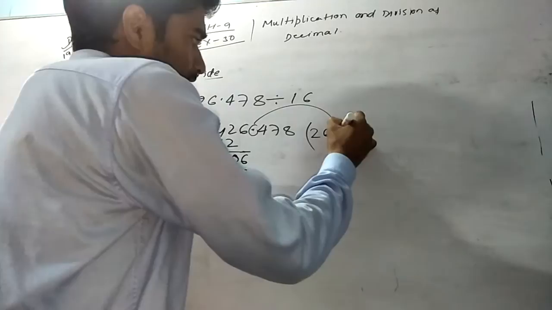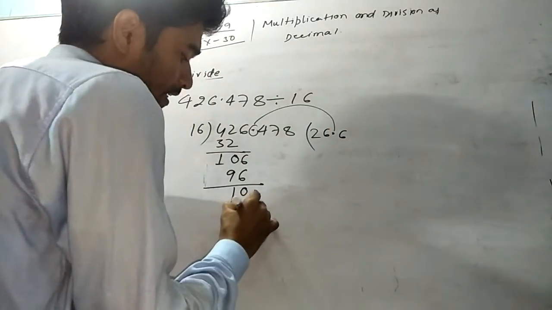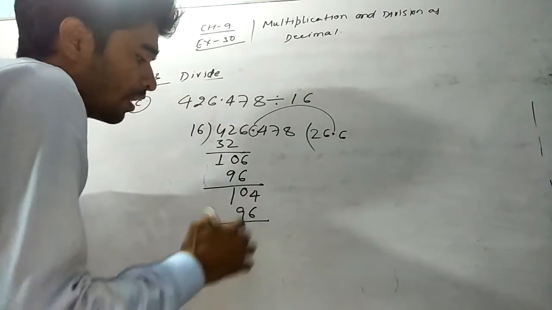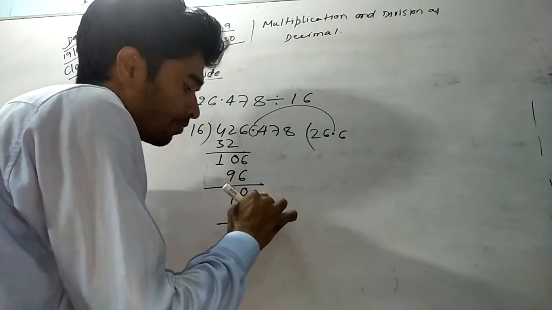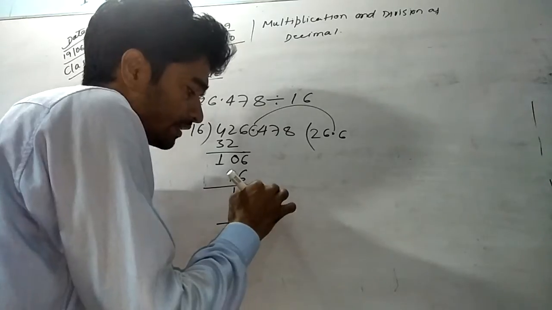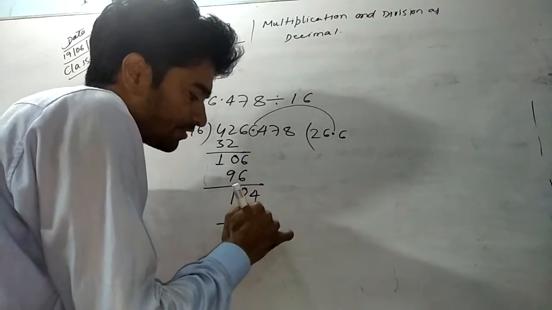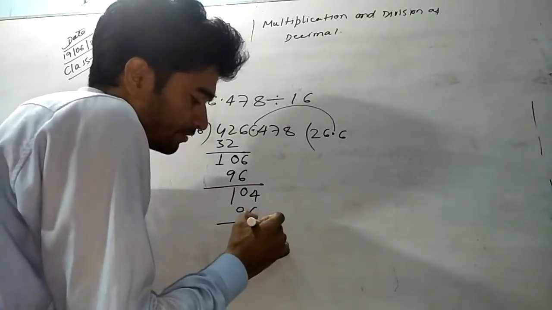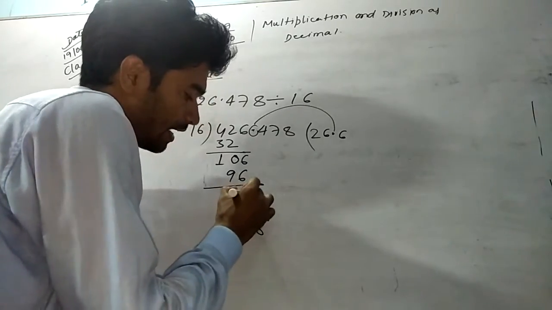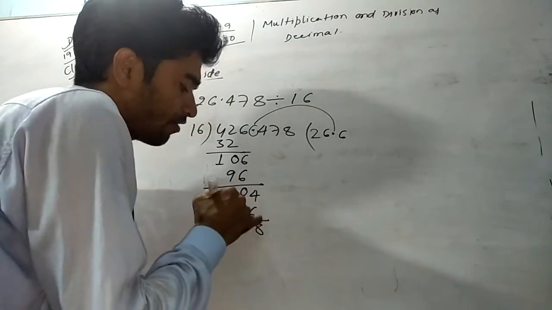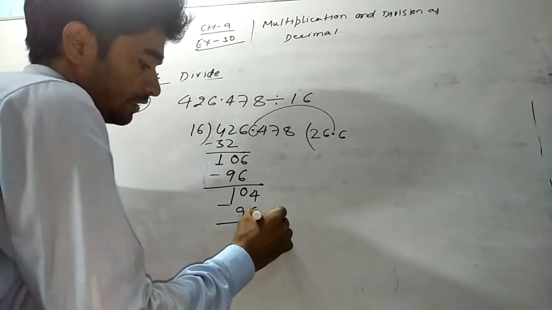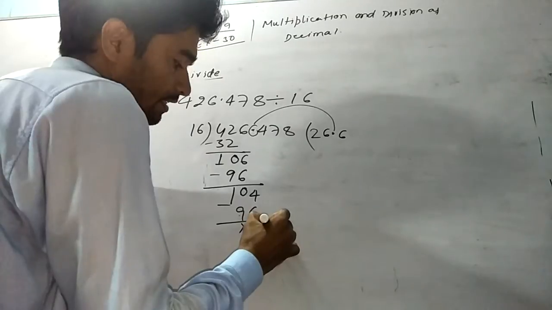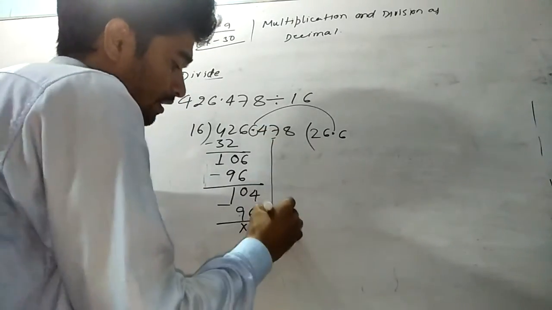Again 16 sixes are 96. 6 cannot be subtracted from 4, so take 1 carry. This is 14. 14 minus 6 is 8, and 9 subtract from 9 is 0. Here is this 7, put here.